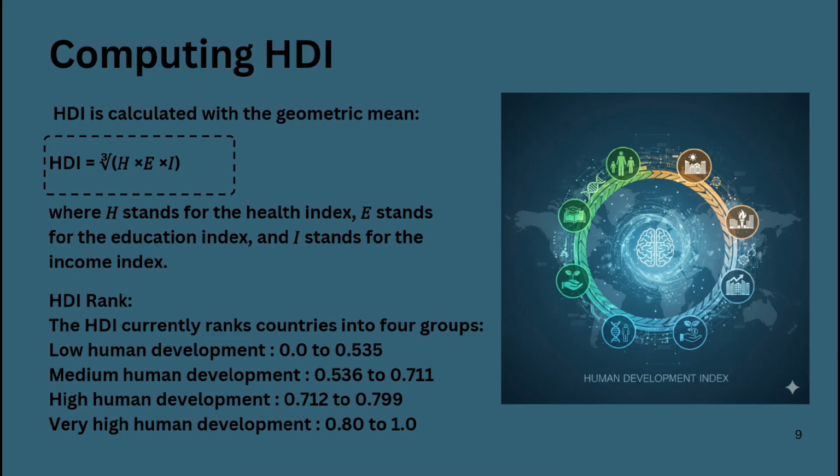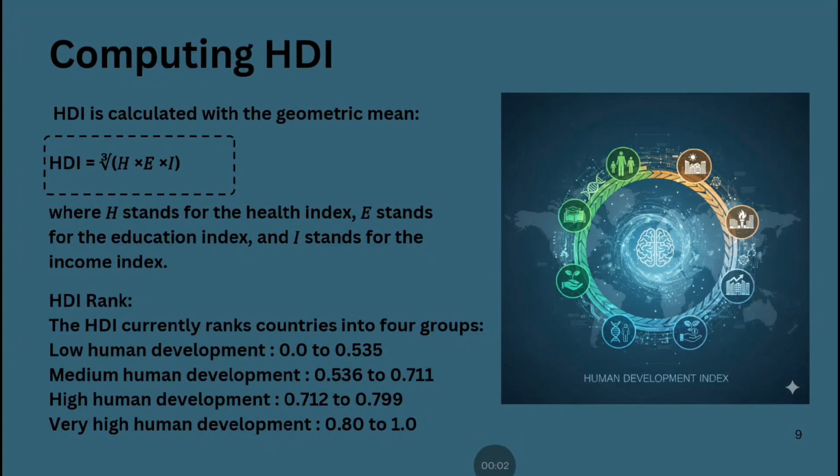For low human development, the score needs to be from 0 to 0.535. For medium, it needs to be from 0.536 to 0.711. 0.712 to 0.799 is for high human development, and for very high human development, it needs to be from 0.8 to 1.